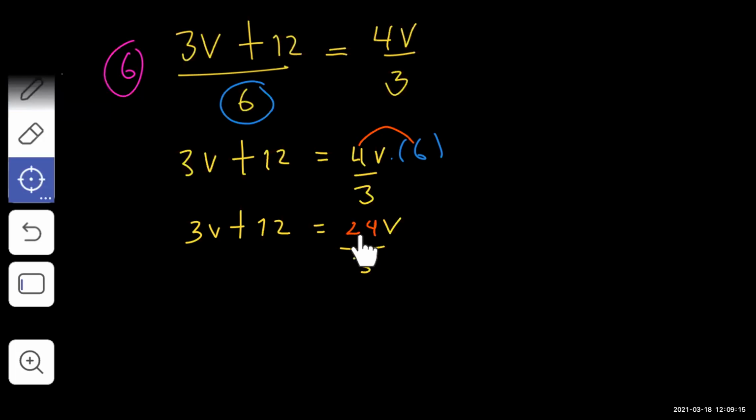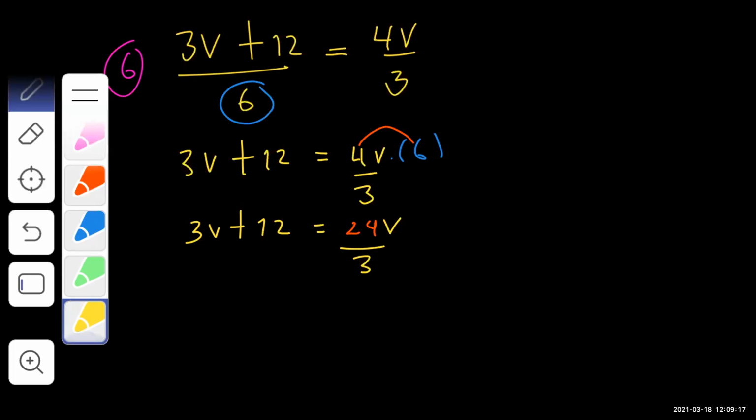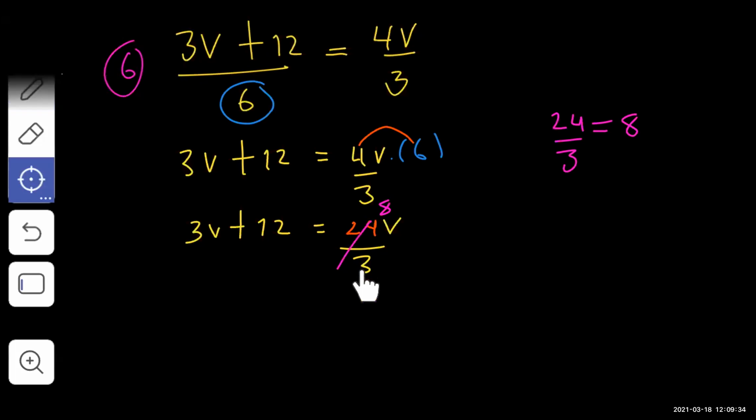What is 24 divided by 3? 8. 24 divided by 3, guys, is 8. Okay, I can write 8 here. Instead of having 24 thirds, I can say 8b. It's the same. 24 divided by 3 is 8.